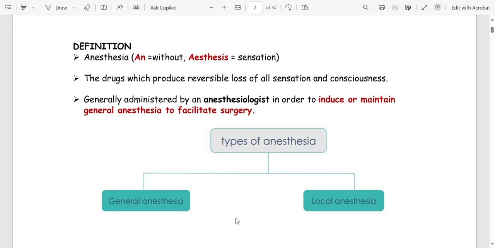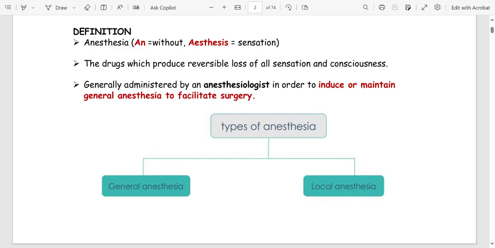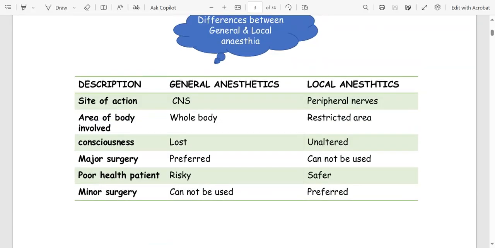Now, anesthesia is of two types: the general and the local. General anesthesia is going to make someone unconscious. Basically, it is going to shut off the entire body. A local anesthesia is just to numb an area so that you don't feel pain in a specific area.